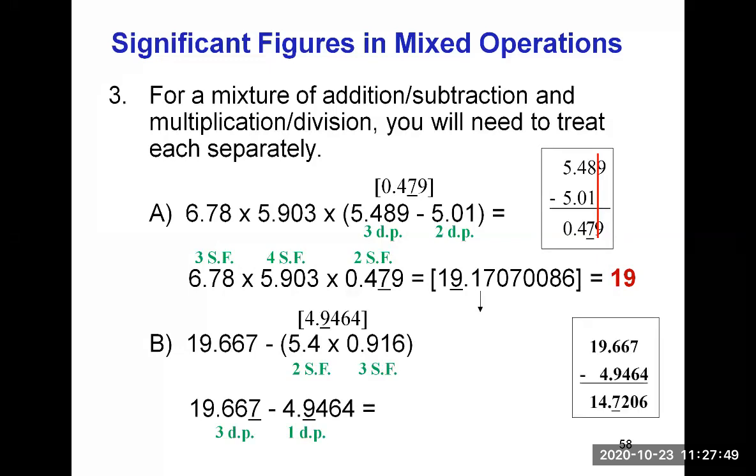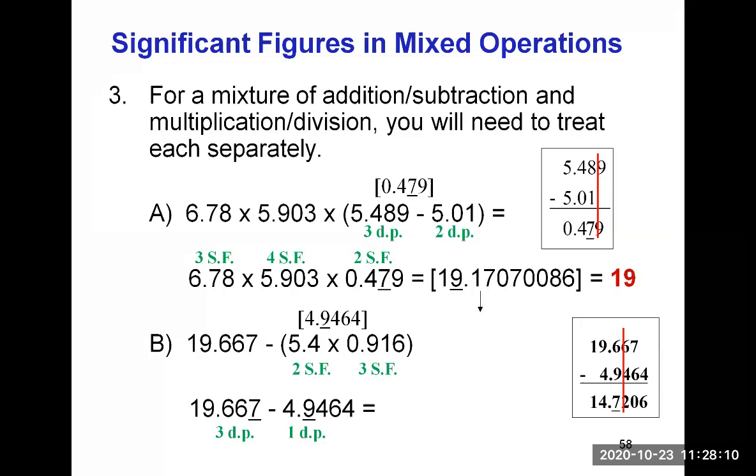We do the subtraction, and here by aligning the decimal point vertically, you can see also when you use the line that shows where we were keeping 1 decimal place, it falls there.